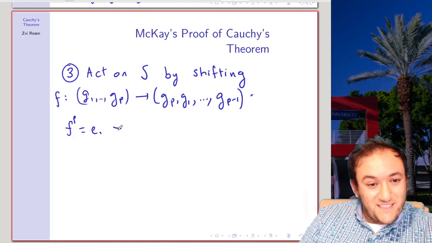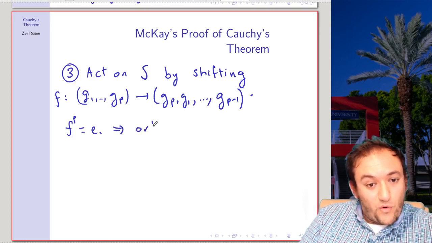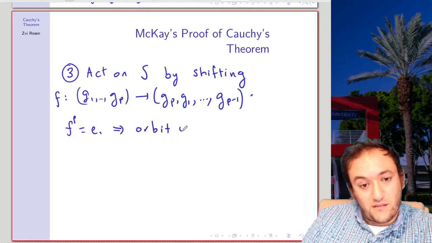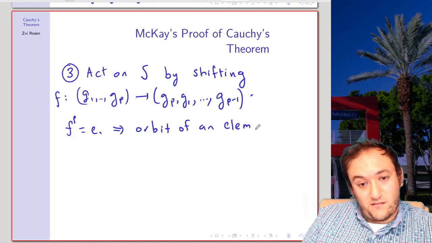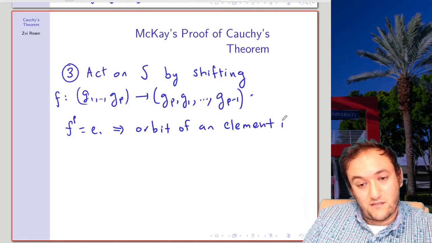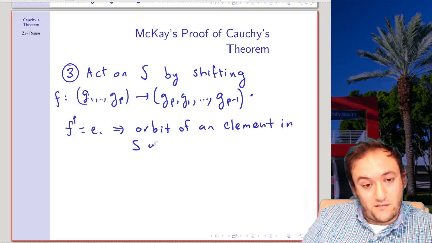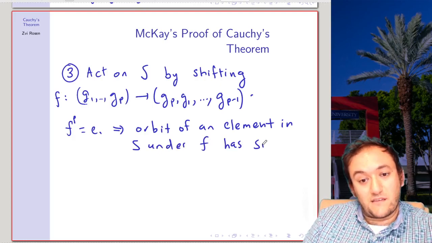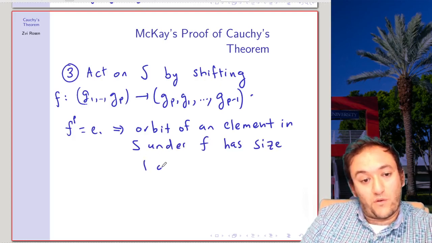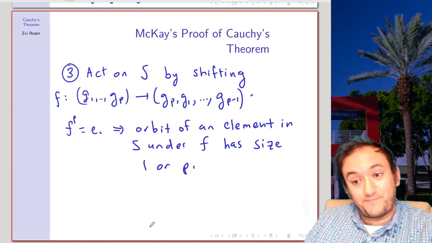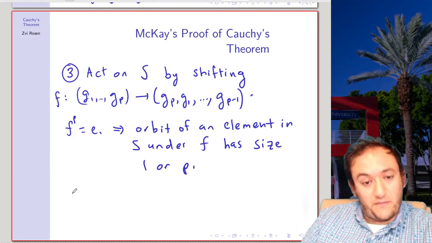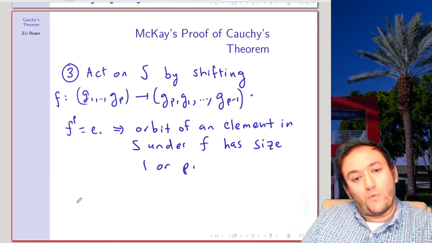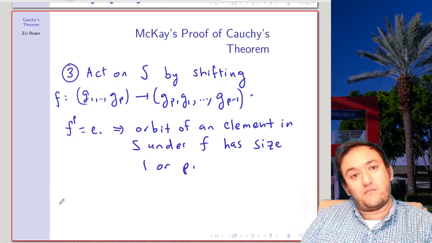So this means that the orbit of an element in S under f has size 1 or p by the lemma. Okay. Well, what does that say about this set?